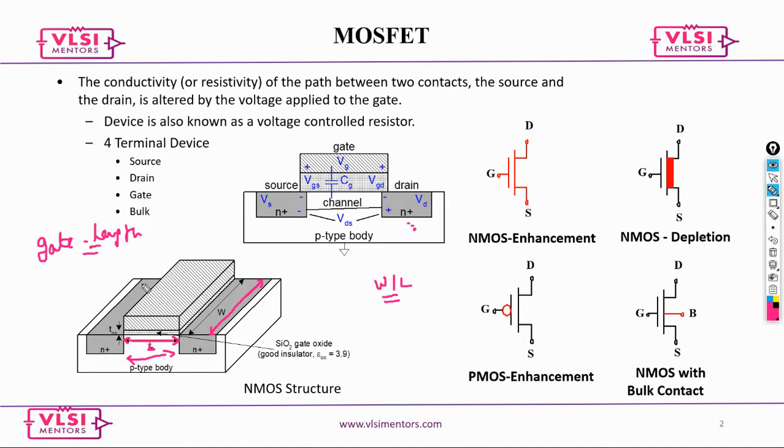If the road is smaller, only fewer vehicles can travel. That means W has a major role in the overall delay of a transistor. We'll talk about that in a while, but first understand the meaning of length and the meaning of width.